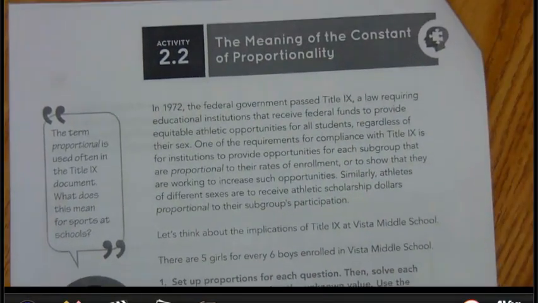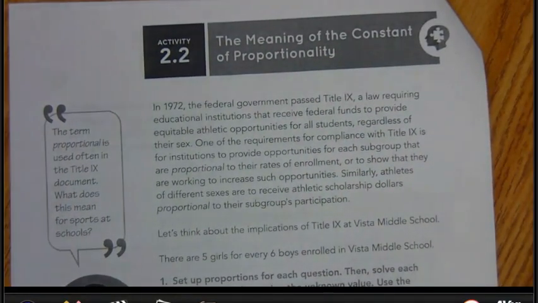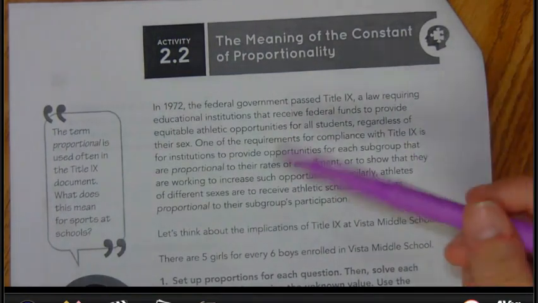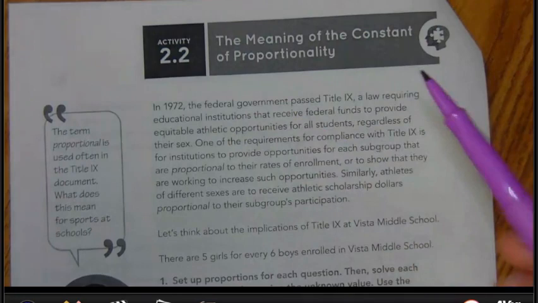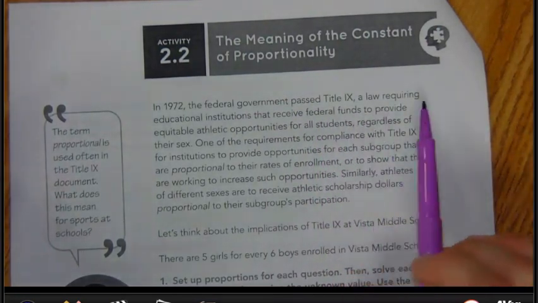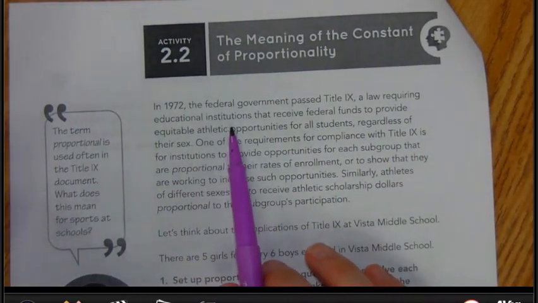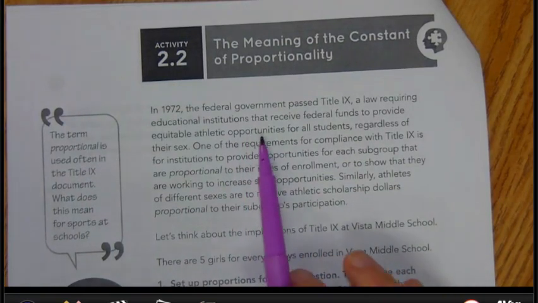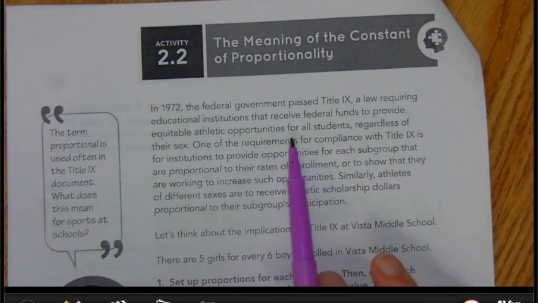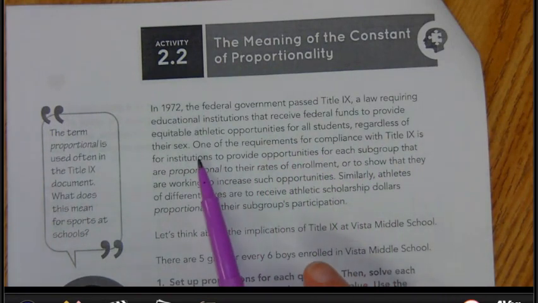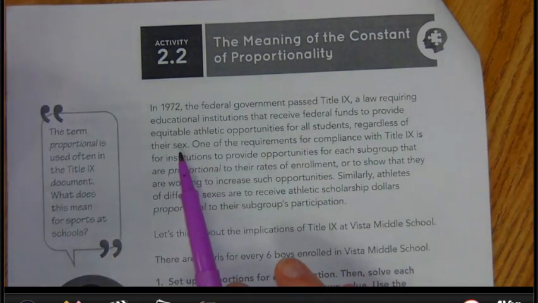Let's look at another one here. All right, so the meaning of constant of proportionality. In 1972, the federal government passed Title IX, a law requiring educational institutions that receive federal funds to provide equitable athletic opportunities for all students, regardless of who they are.